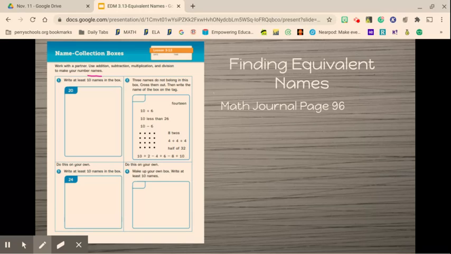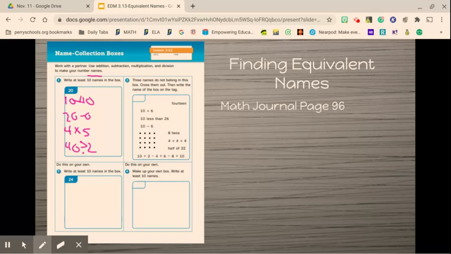So I'm going to start off with an addition, 10 plus 10. I want to have a subtraction, 20 minus 0. I want to have a multiplication, 4 times 5. I want to have a division, 40 divided by 2. What are some other names that could go in this box?